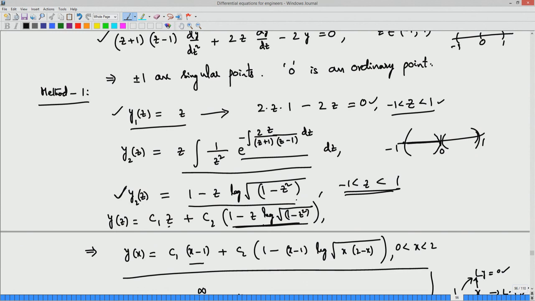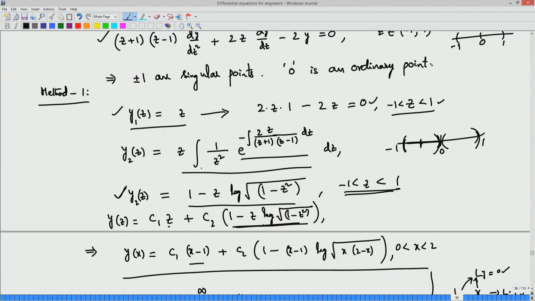If you want to do the definite integration, your domain is this. So, you pick some x naught, say some half, or any value. Your z naught you should pick as some quantity in your domain. Because 0 is not part of the domain, I do not want to use the integration from z naught to z.